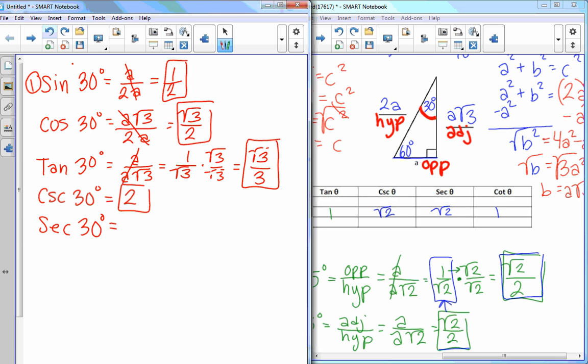So sine and cosecant go together. So secant will be the reciprocal of cosine or tangent. Cosine, yep, they just go in order. 1, 2, 3, 1, 2, 3. Okay? So we're going to go to cosine.